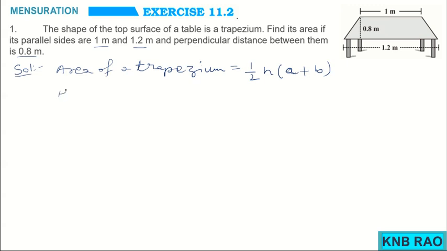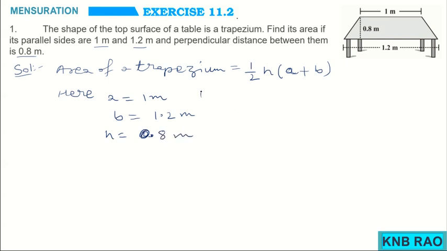Here in this question, a is given as 1 meter, b is given as 1.2 meter, as well as height is given as 0.8 meter.